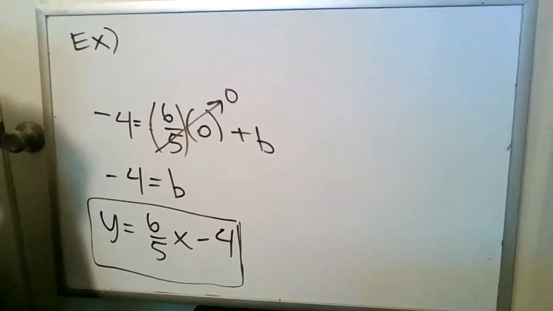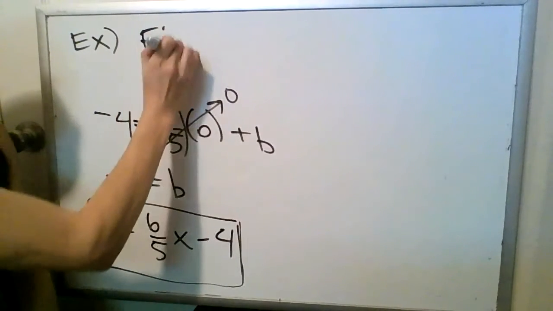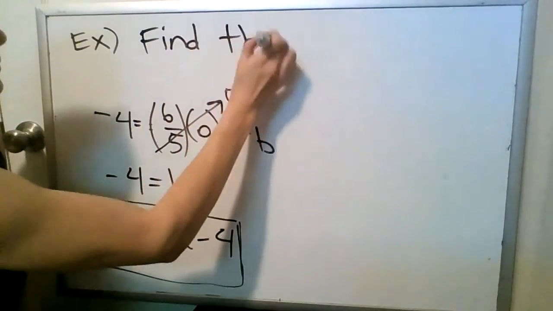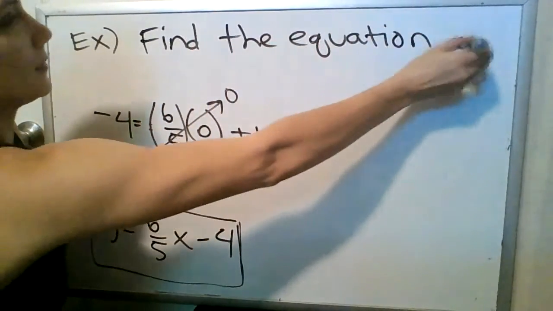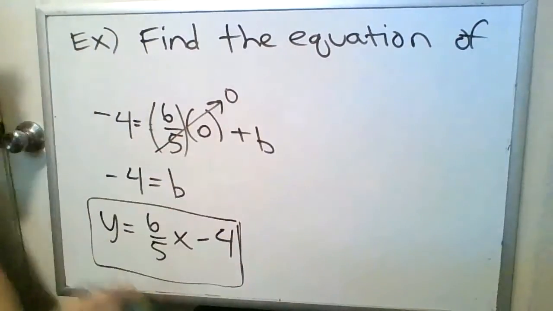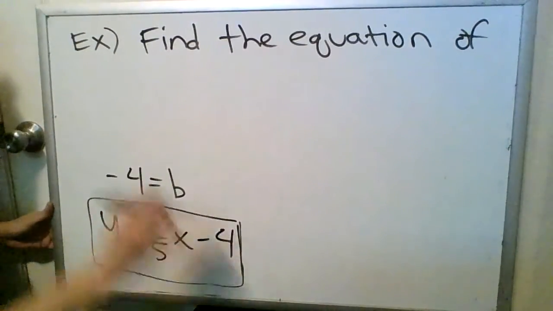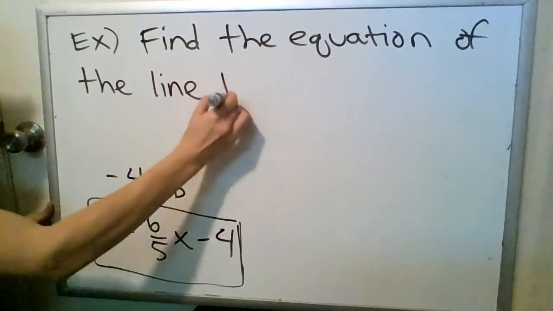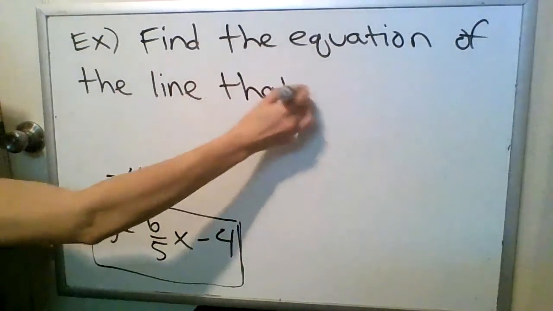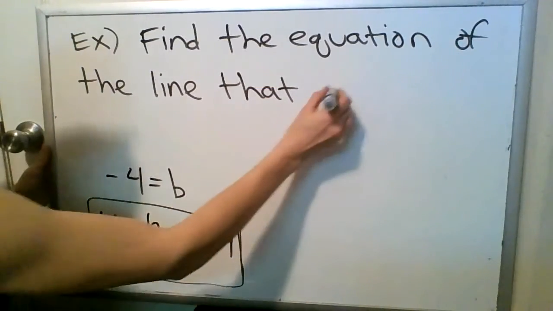We're going to find the equation of the line that passes through the points.